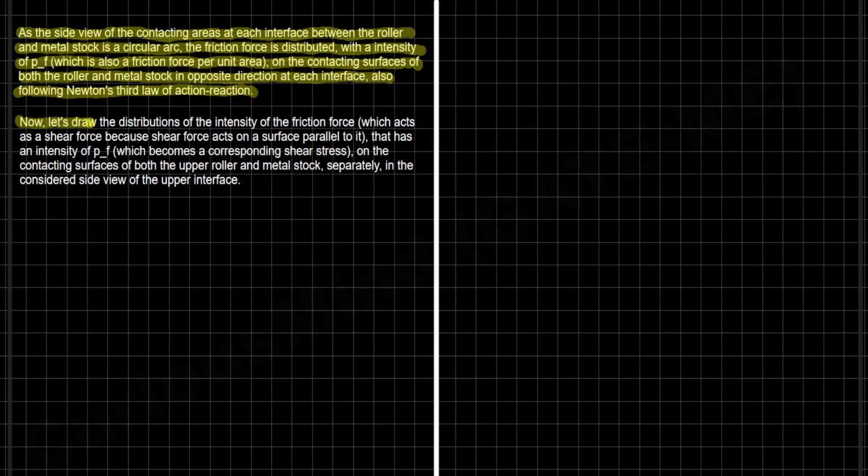Now let's draw the distributions of the intensity of the friction force, which acts as a shear force because shear force acts on a surface parallel to it, that has an intensity of Pf, which becomes a corresponding shear stress on the contacting surfaces of both the upper roller and metal stock separately in the already considered side view of the upper interface.